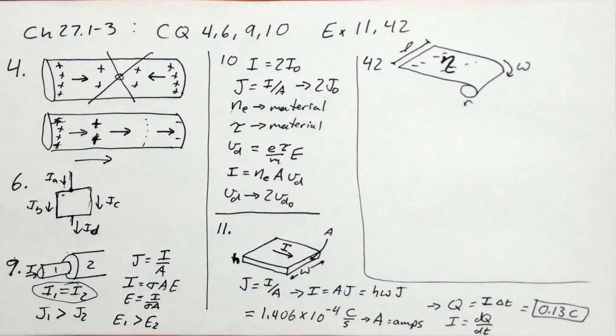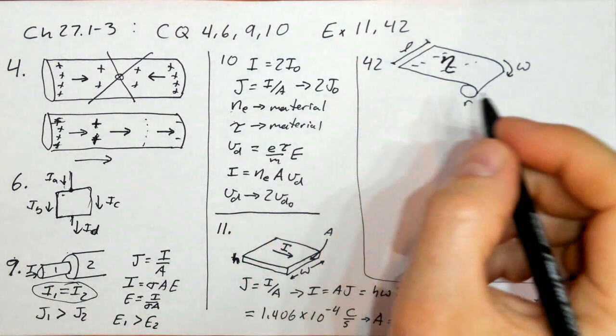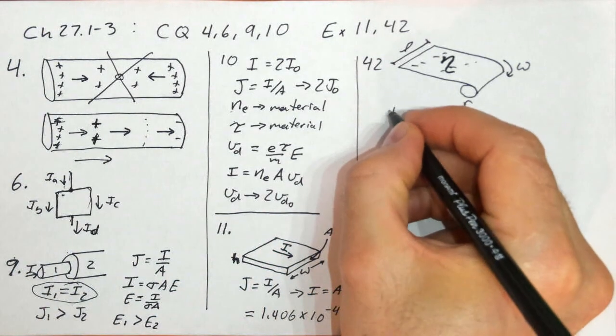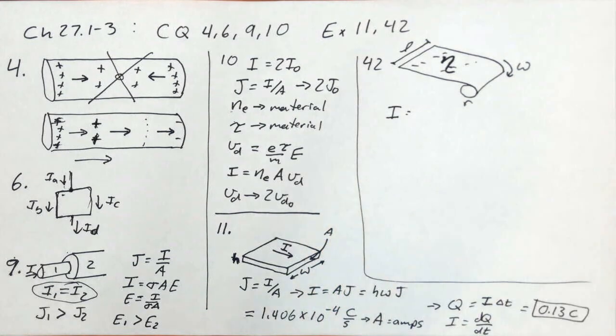Okay, and so we need to figure out how much current, in milliamps, is moving in the film. Sorry, I'm looking at the wrong one. What is the current moving in the film? So what is I? What's the fundamental definition of current?